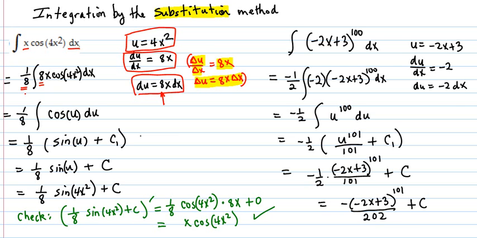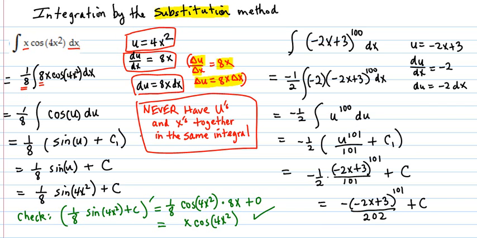Alright, so now we're ready to convert over to u. So never have u's and x's together in the same integral. Never. You switch all the x's over to u's at one moment.